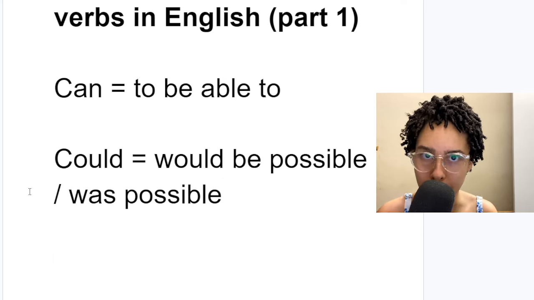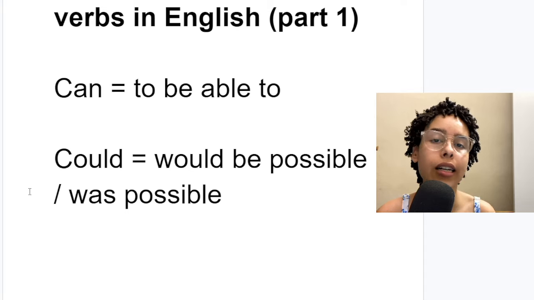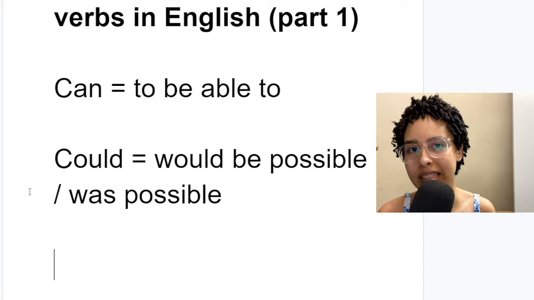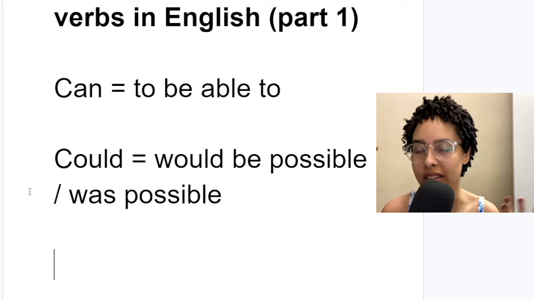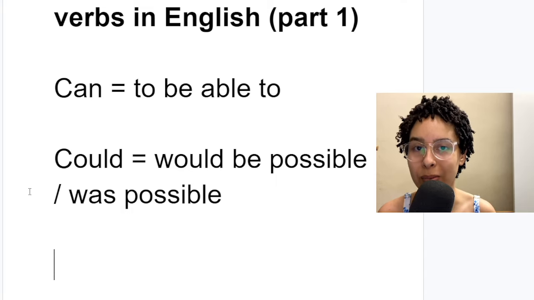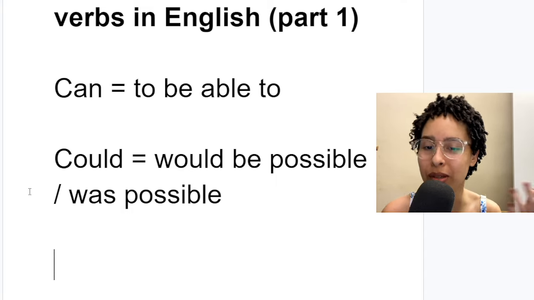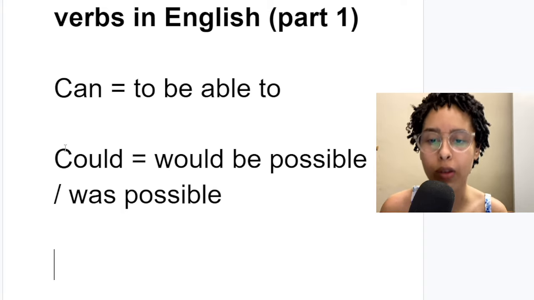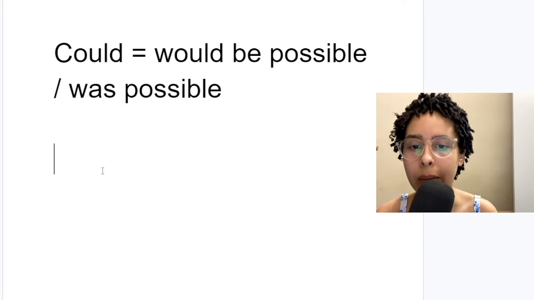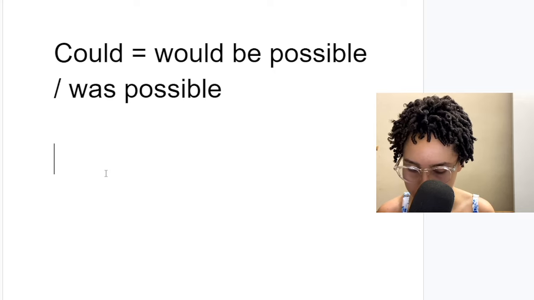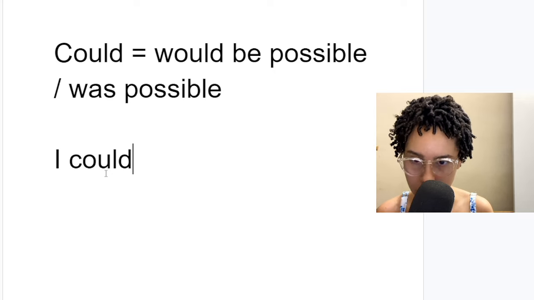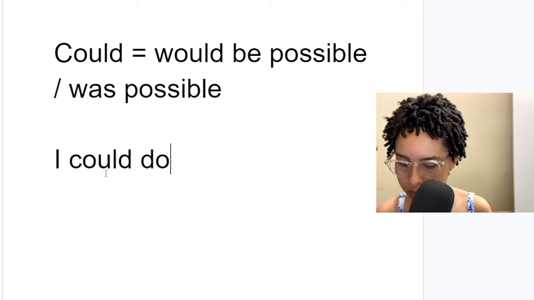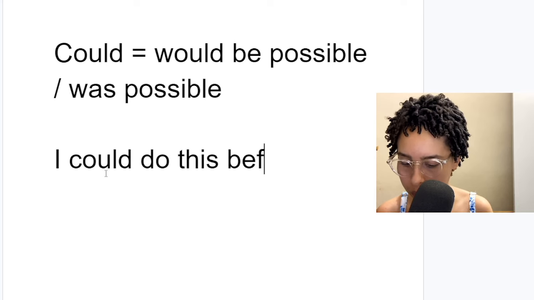We have 3 different kinds of sentences where we can use this word, and I'll give you 3 examples. The first of them is: I could do this before.